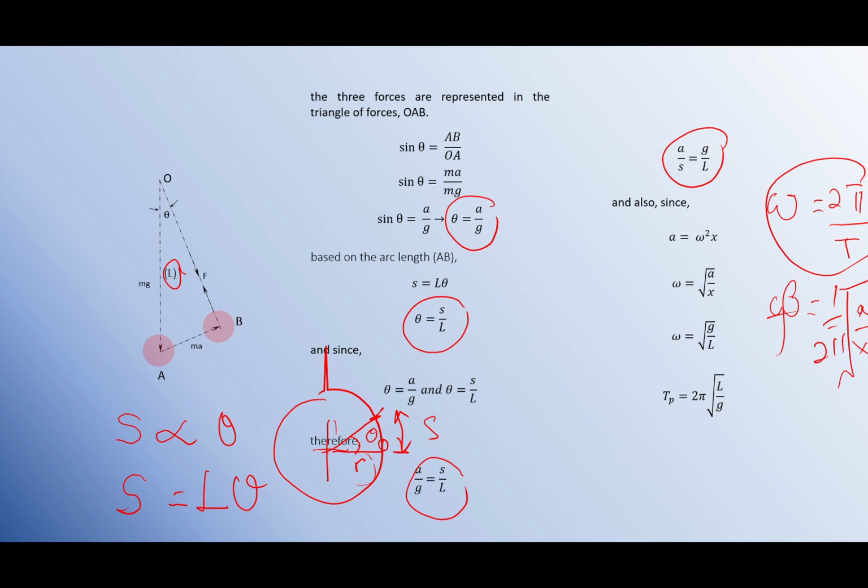So the periodic time will be equal to 2 pi multiplied by 1 over omega. So if you want to find it in terms of the periodic time, or you can write that frequency will be equal to 1 over 2 pi times the square root of G over L.